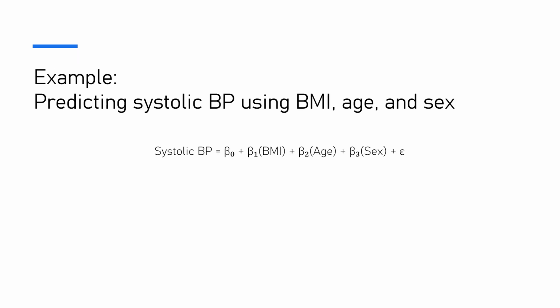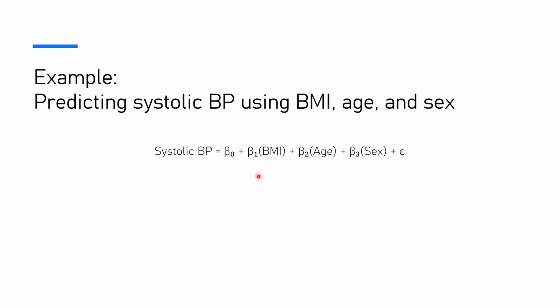For example, in case of predicting systolic blood pressure using multiple exposures like BMI, age, and sex, the equation would look something like this. Systolic blood pressure is equal to beta naught, which would be the theoretical intercept when all the other values are 0, so the systolic blood pressure at the starting point.